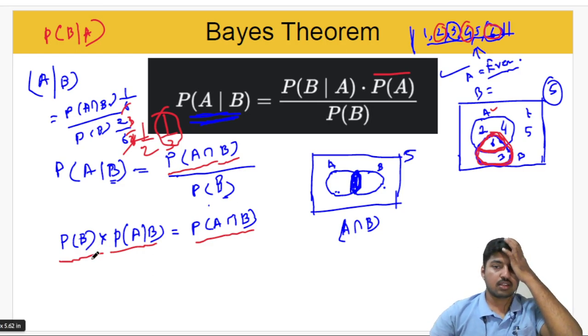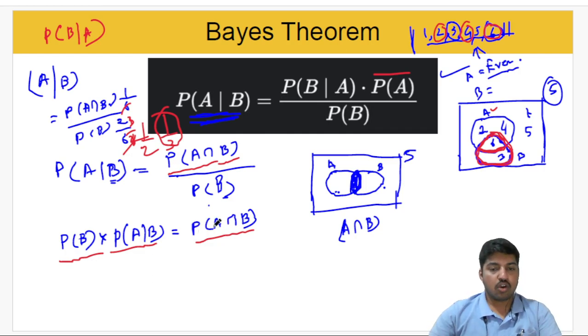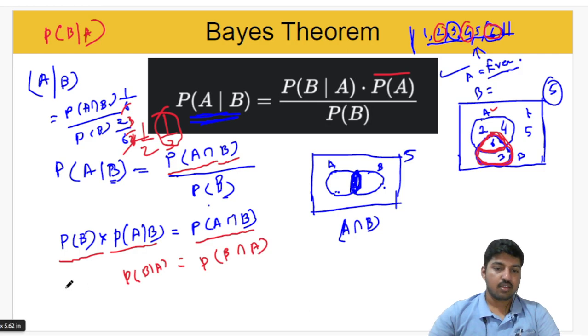Suppose I want the probability of A intersection B. Now, just see the formulas, okay? Probability of B given A would be probability of B intersection A divided by probability of A.